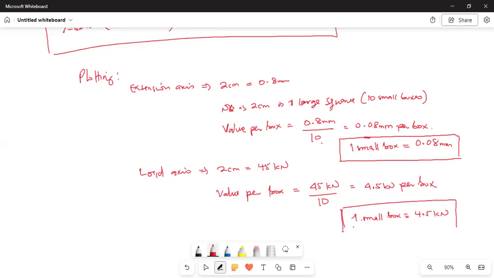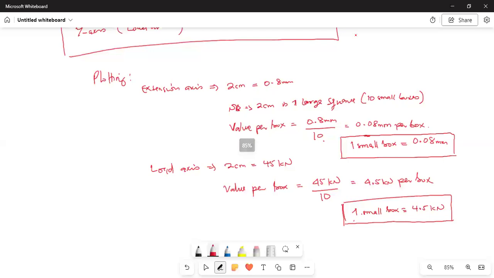Any confusion? Any question? I'm saying we will plot with boxes rather than numbers. When you plot with boxes, your graph is more accurate. Any questions so far? Can anybody do this?